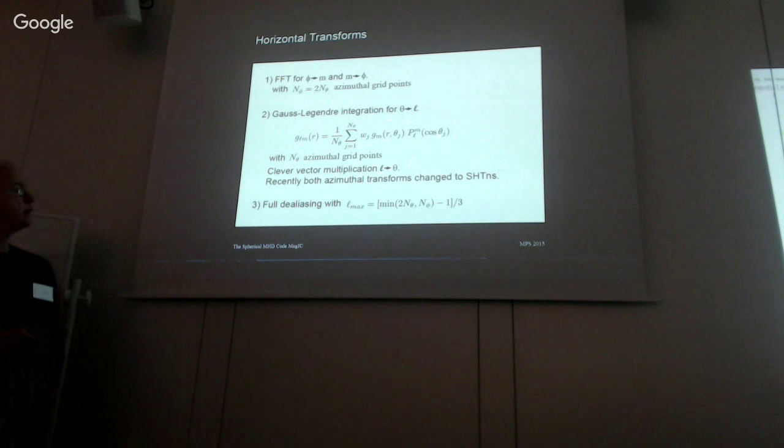So that's a good thing. So you just have a simple sum, easy to compute, but you have to pre-compute those weights and you have to choose the grid accordingly.